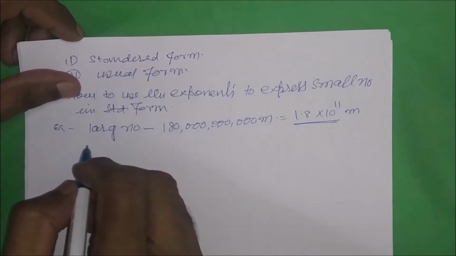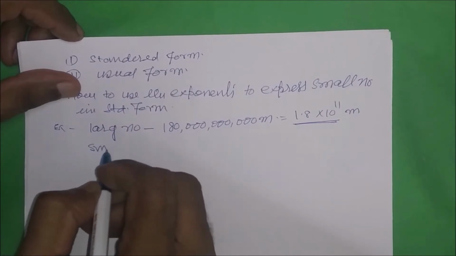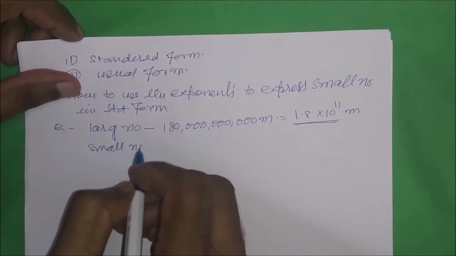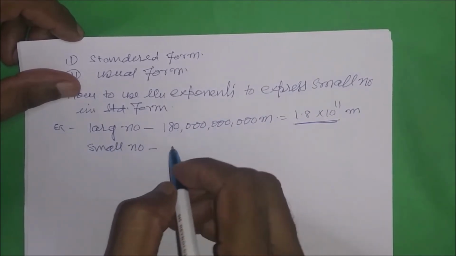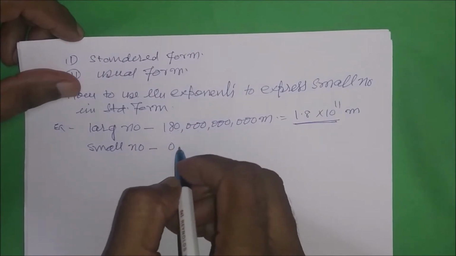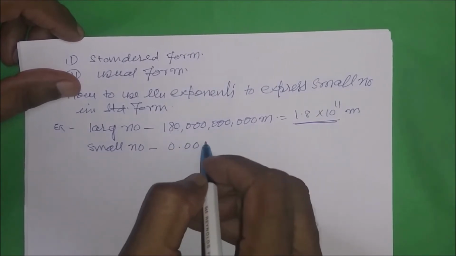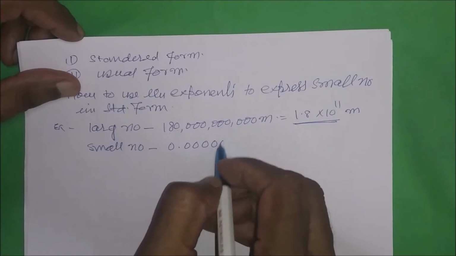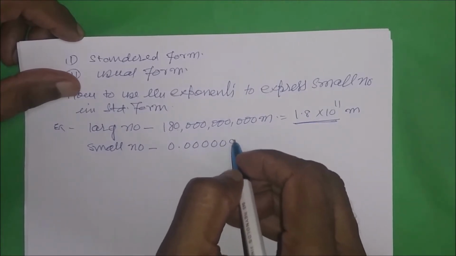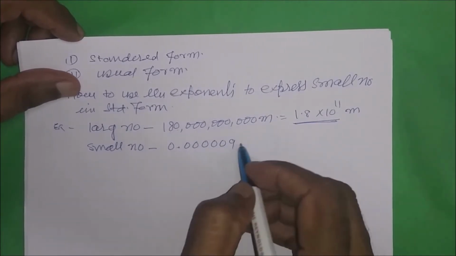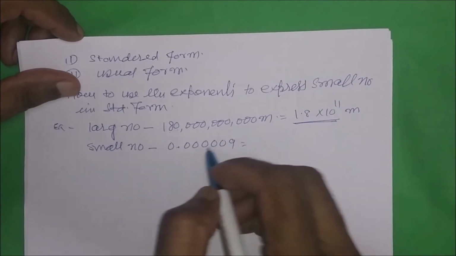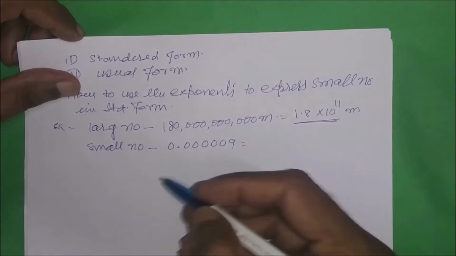Suppose I am giving you a very small number, 0.0000009, right? You see, how do you remove the decimal?